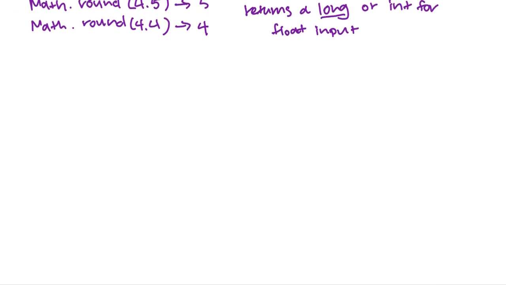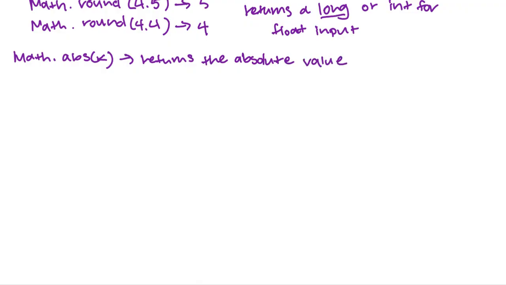The next one is math.abs, and this returns the absolute value. The absolute value is always positive, so if we had math.abs negative 7, that is 7.